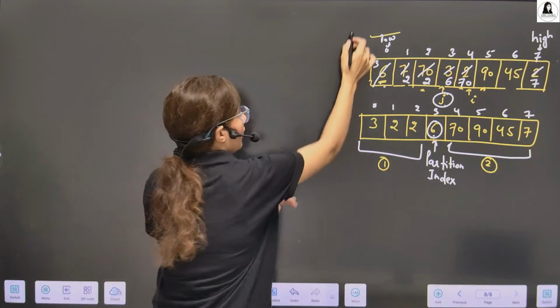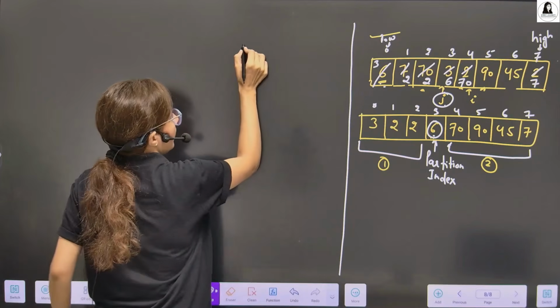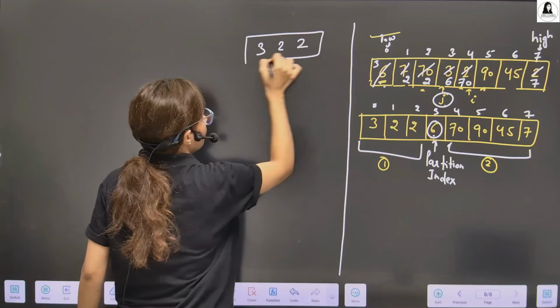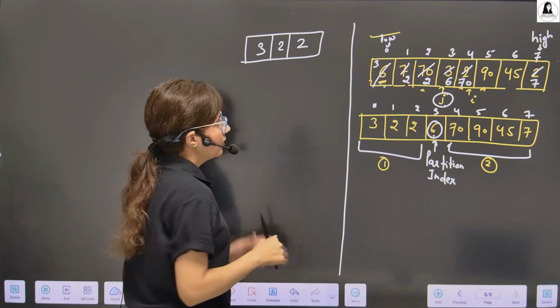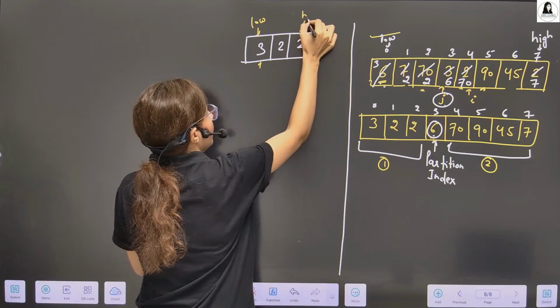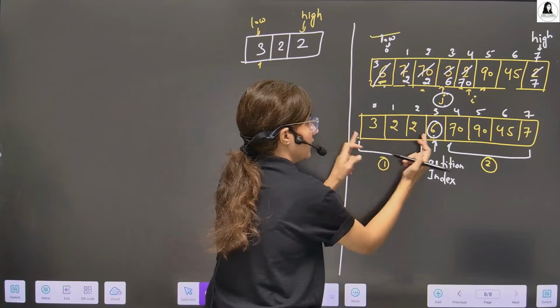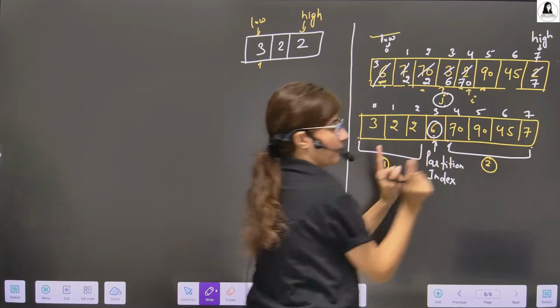Now for partition 1, if I apply quick sort recursively, I have an array now: 3, 2 and 2. Obviously I'll apply on this only because 6 is already sorted. Here I have my low and here I have my high. The lower bound and upper bound for this is from here to here.